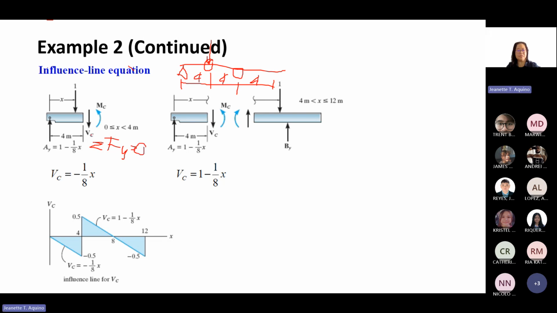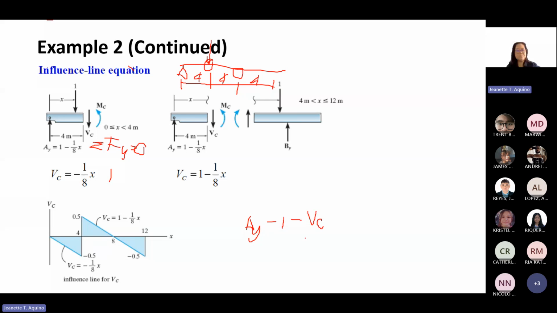What are the forces? We have AY upward, and downward is 1 plus the shear BC, so shear is negative, minus BC.